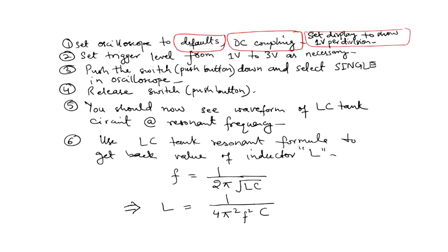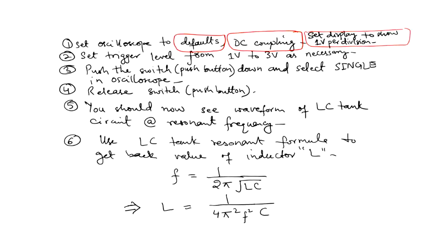Because if you have a very small inductor, the voltage spikes are very low and very close to the noise levels, so it's very difficult to find the frequency or the trigger level for the oscilloscope. So it's more work if you have a small inductor, like 1 microhenry or 10 microhenries. I'll show you in a moment.